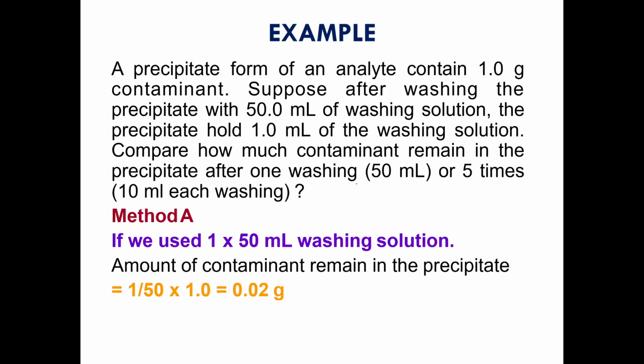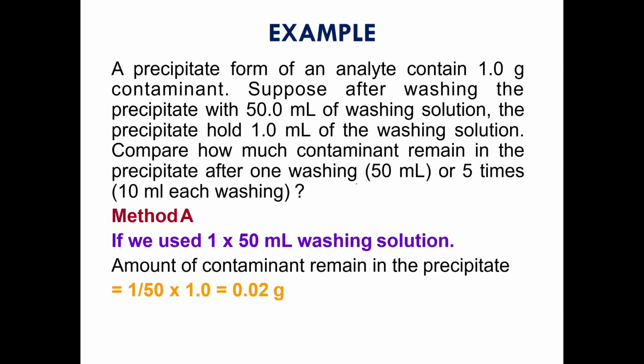This is an example. A precipitate of an analyte contains 1 gram of contaminant. Suppose after washing the precipitate with 50 ml of washing solution, the precipitate holds 1 ml of the washing solution. Compare how much contaminant remains in the precipitate after one washing with 50 ml, or five washings of 10 ml each.